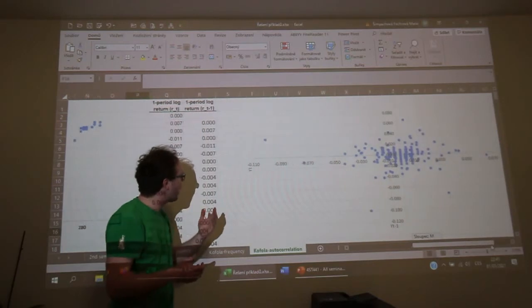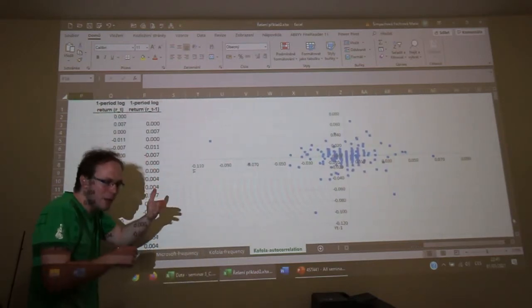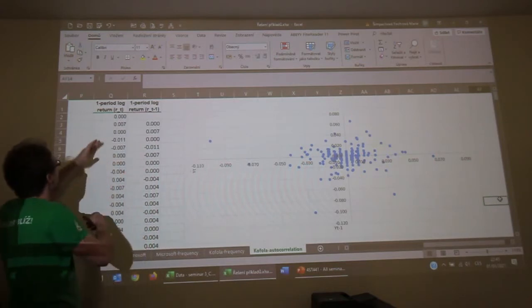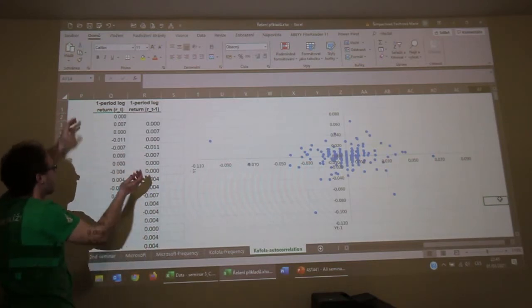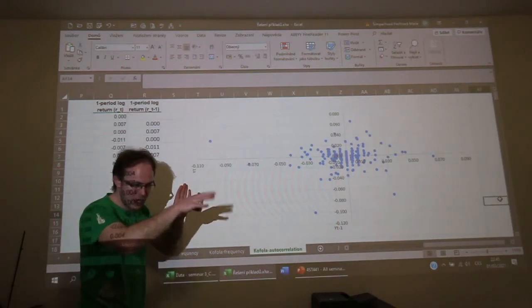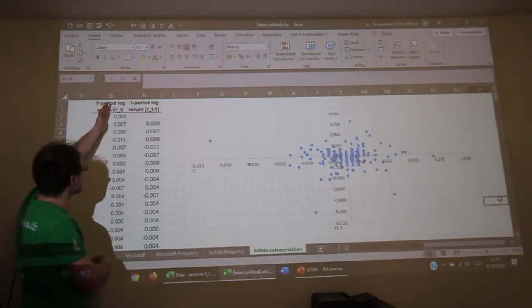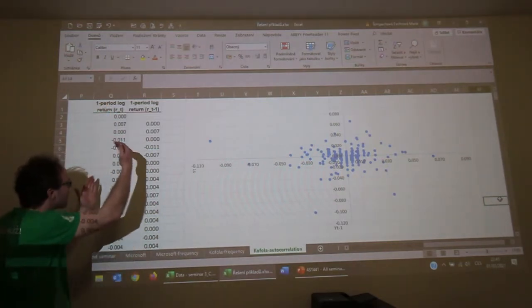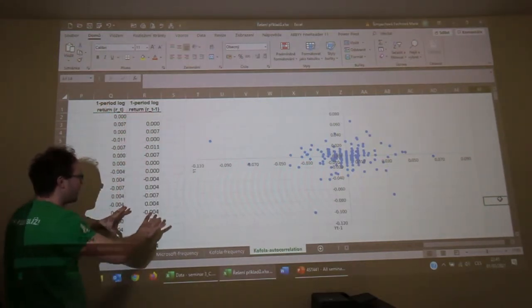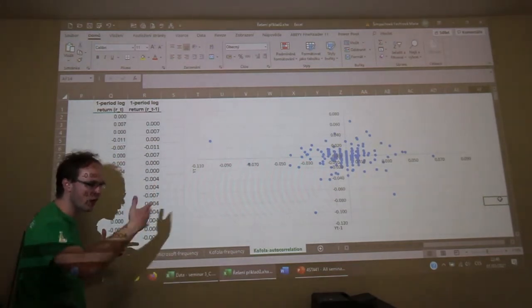But we can calculate log returns. We talked about log returns, calculated from prices: logarithm of price in time t divided by price in time t minus 1 is calculated here. And again, we have here a column with shifted values.